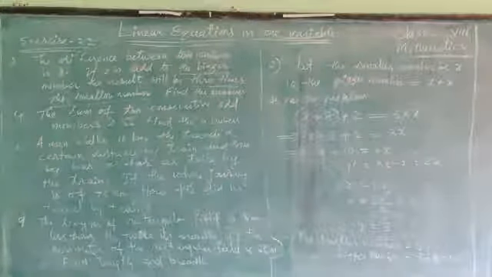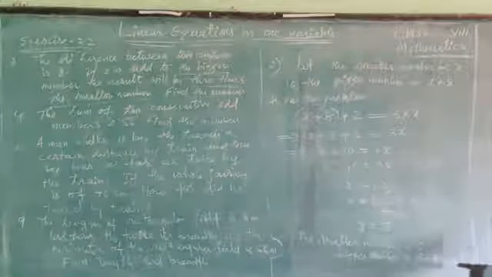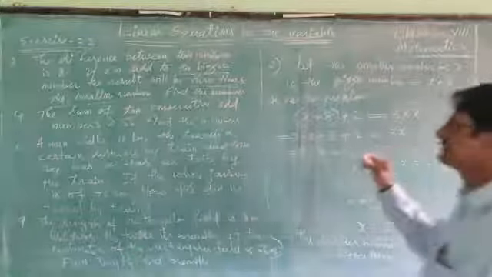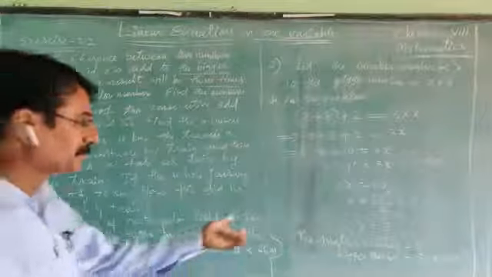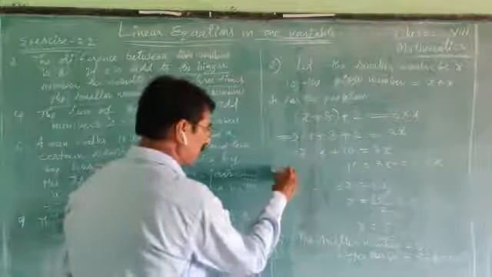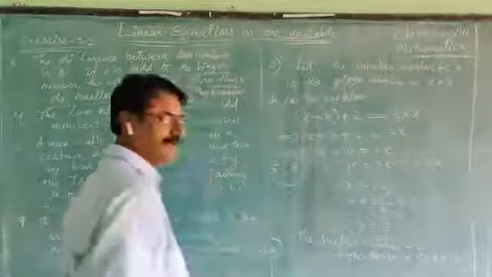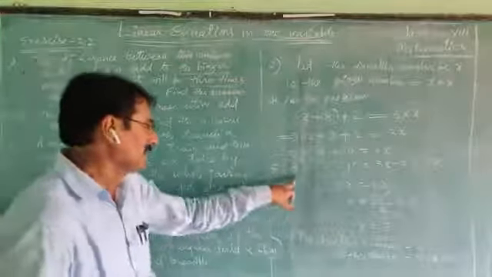Now let us check once again whether it is right or wrong. We got the two numbers, 5 and 13. 13 is the bigger number.